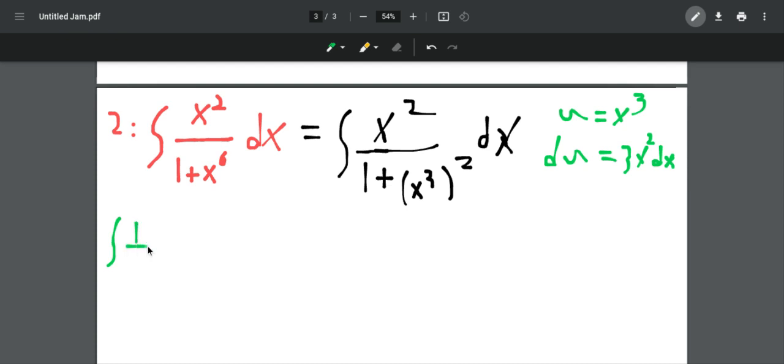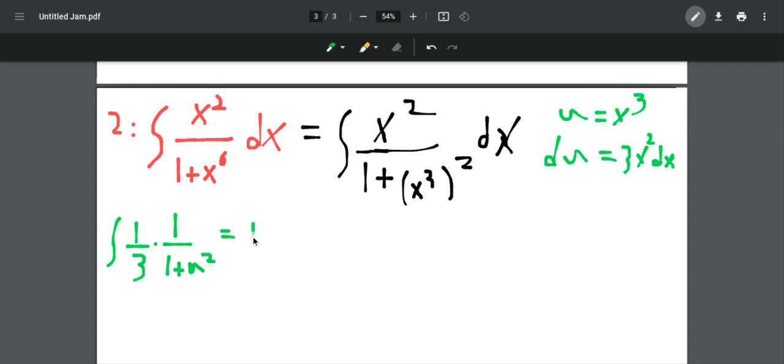Actually, a 1/3 is taken out of the integral, and then we have 1 over 1 plus u squared. 1/3 is a constant, so it can be taken out, but 1 plus u squared, again, is a pretty familiar integral. It is the arctangent of u, because in this case, a is just 1, because the square root of 1 is 1.